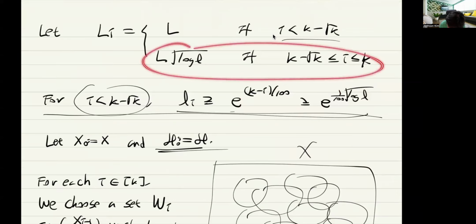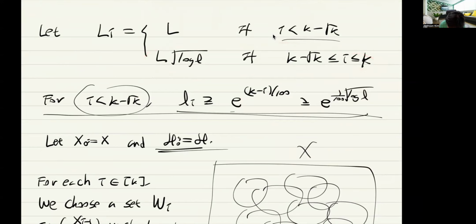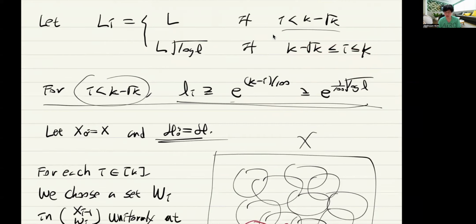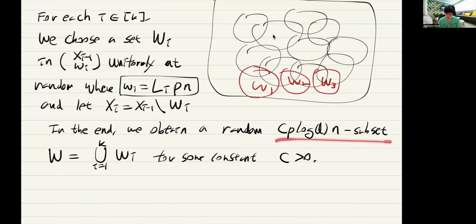And later, here, again, you take a set of this size, or square root of L many, and square root of K is again square root of log L. So you collect them, again, that's like some constant times log L times pn. So in the end, you have some set of this size.